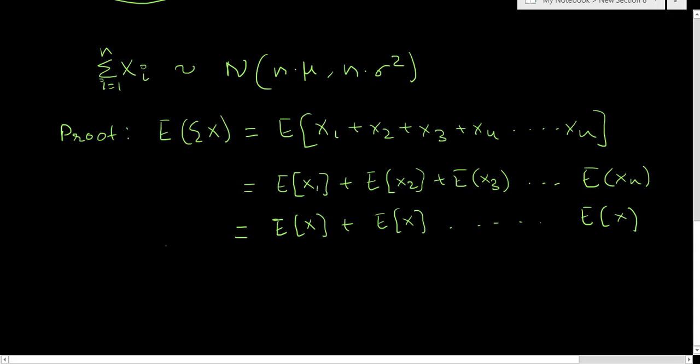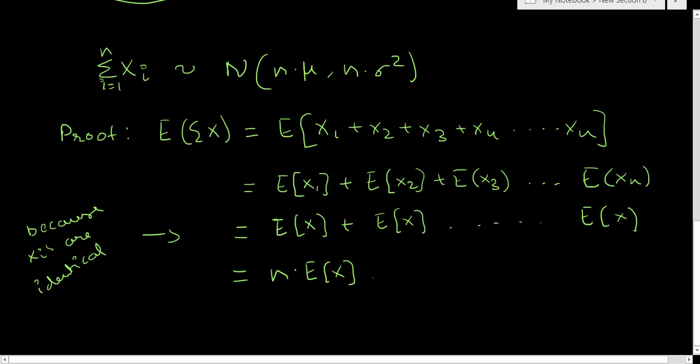So I can write this, because the xi's are identical. So I can now add them up, and this becomes n times the expectation of x. And as the mean of each xi was mu, this is equal to n times mu. So I got the expectation.